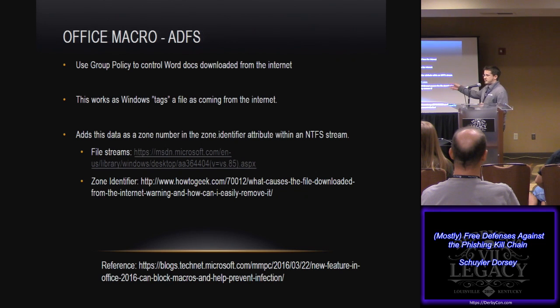I'm not going to go into details about the file streams, but I do have some reference links up here that go into more detail. The real important thing to know is that Windows is tagging files that come from the internet, not from the internal network, with a zone identifier, and that's how the next couple things are going to work.